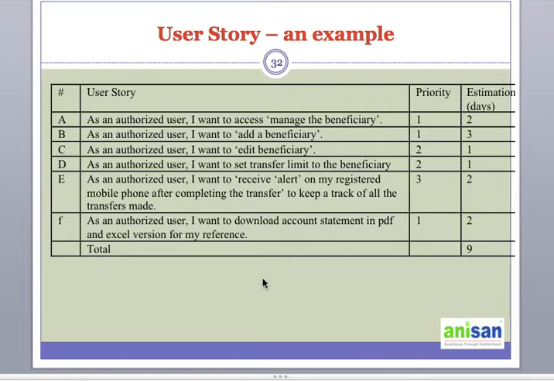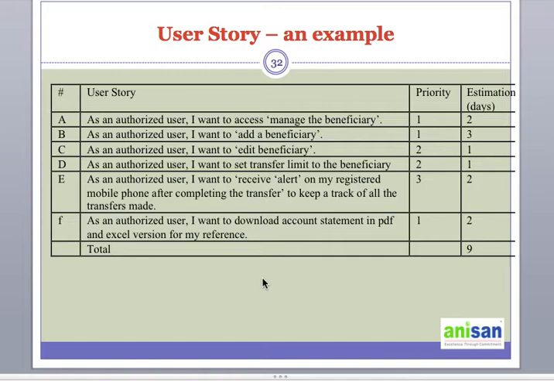I want to access, what I want to do, that's answering the second question: manage the beneficiary. Who, what, why: these are the questions that have to be answered by a user story. As an authorized user, that's who. Want to access, that's what. Why? Manage the beneficiary. As an authorized user, I want to add a beneficiary.